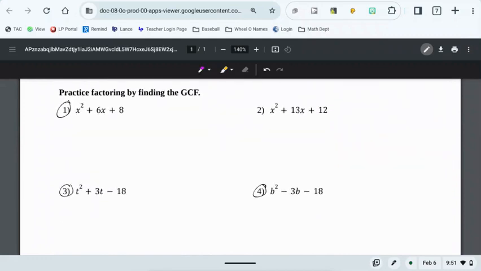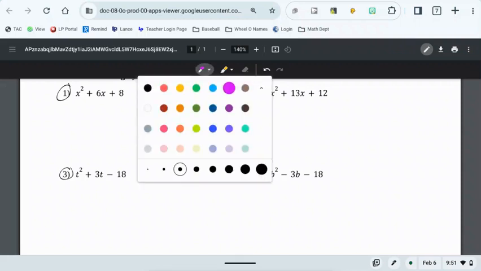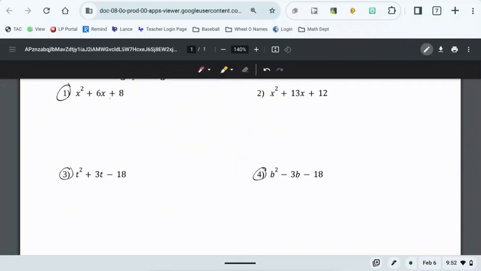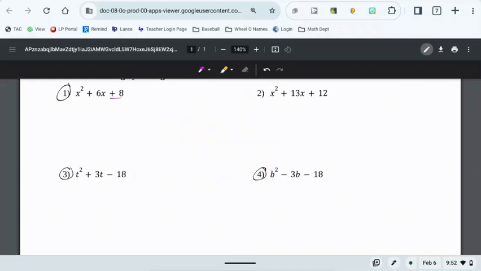So the first thing we want to do for number 1 is we have this polynomial x squared plus 6x plus 8. Our step 1 asks us to find the factors of c. Sorry, I used purple for that. I'm going to keep this color coded. So we have factors of 8.